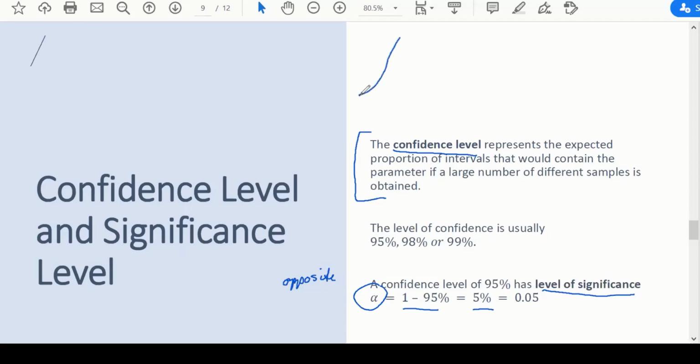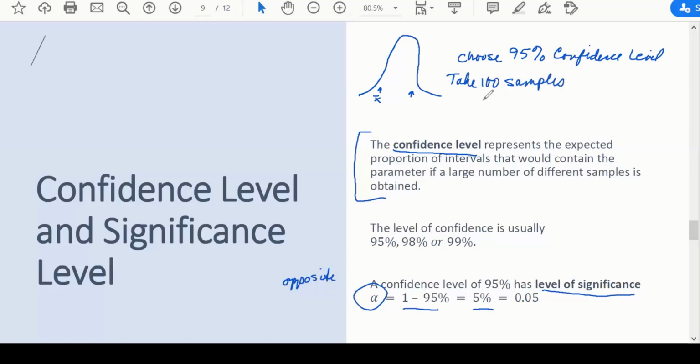So if we have a bell-shaped curve for all of our samples, all our little X bars are in here, and we choose a 95% confidence level, that means if we take 100 different samples and make these confidence intervals, 95% of these confidence intervals actually contain the population mean.